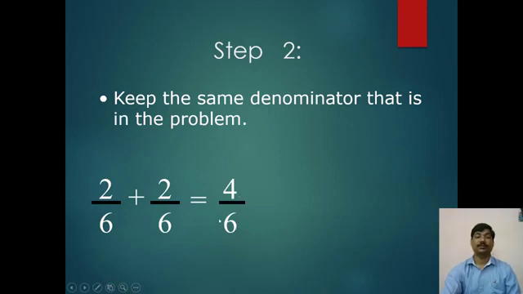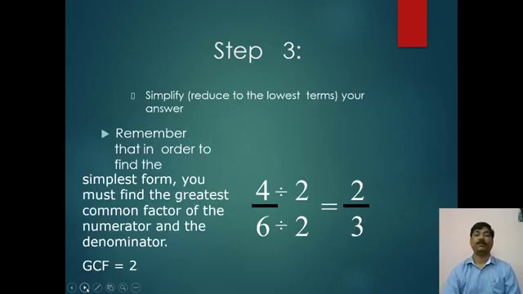To reduce 4 upon 6, to simplify 4 upon 6, how do we simplify it? Follow step 3. As 4 upon 6 is not in lowest form, you have to find the highest common factor, that is the GCF, the greatest common factor of the numerator and denominator.